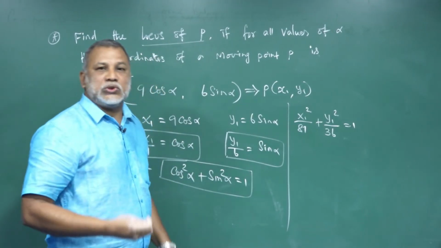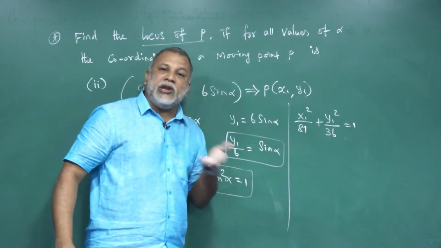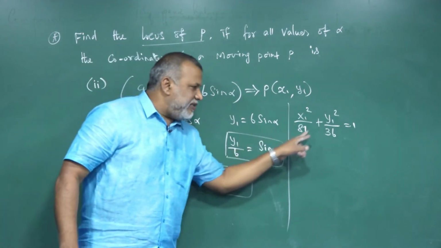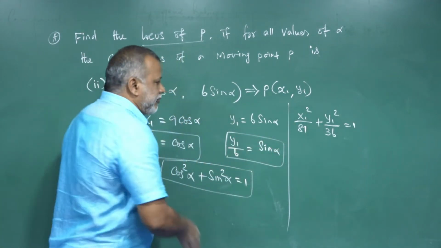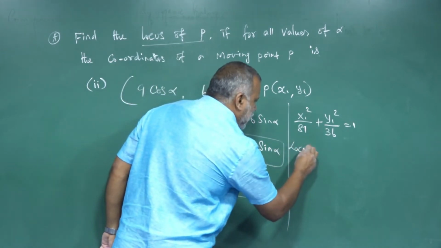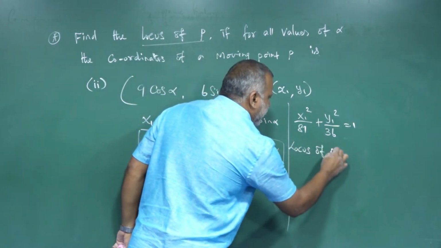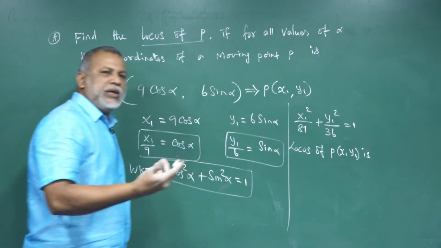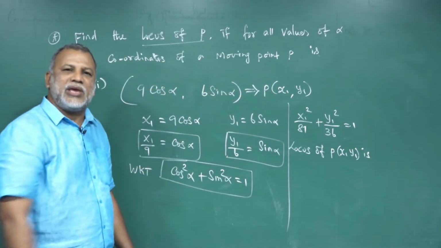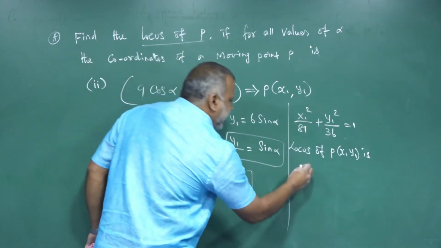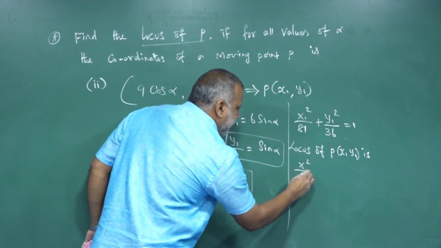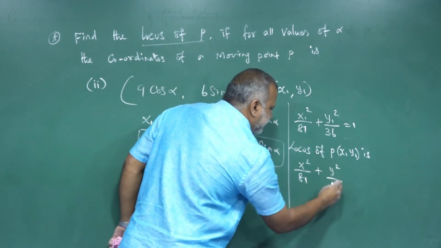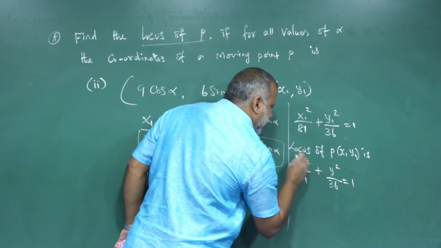In the previous question, we had the same denominator, 81, but here we have different denominators. Therefore, now I can say the locus of P x1 comma y1. Locus means it should be a moving point, the path traced by a moving point. Therefore, I can write x squared by 81 plus y squared divided by 36 equal to 1.